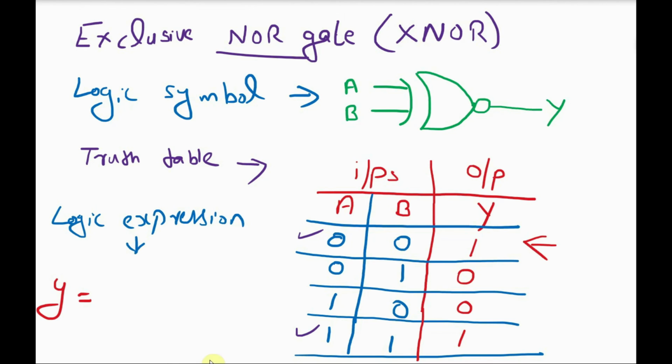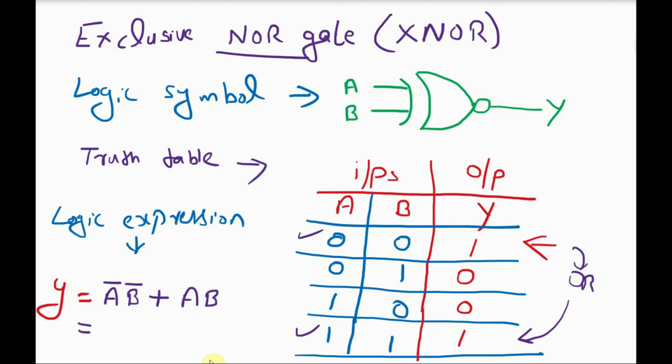That is when A is 0 and B is 0, and means multiplication, AND gate. That is A bar into B bar. Or other case is when A is 1 and B is 1, or means plus. That is A and B. So these are the two conditions where the output of exclusive NOR gate is 1.